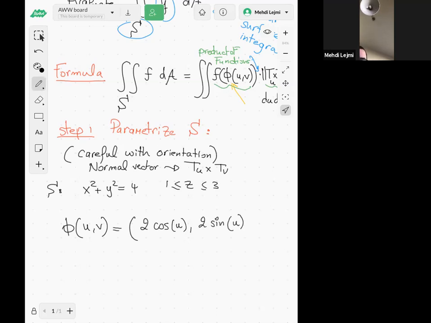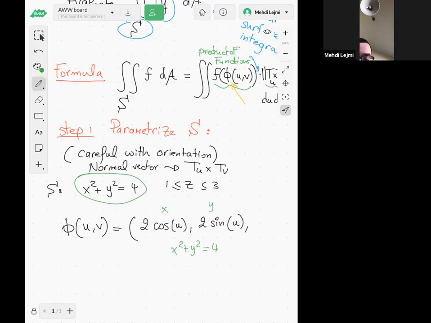When you do x squared plus y squared, you get 4, right? That's exactly the lateral surface, that's my cylinder. That's why x is 2 cosine of u and y is 2 sine of u.